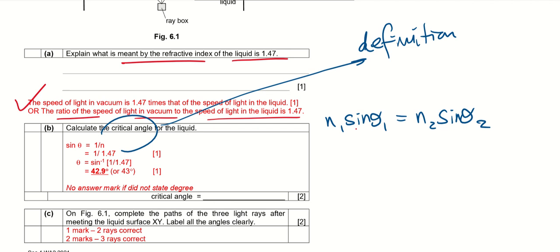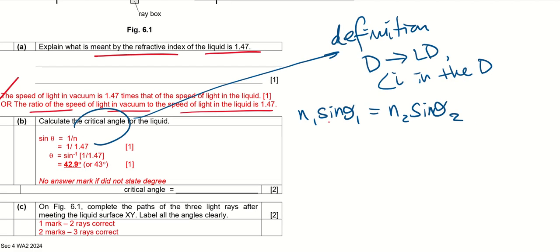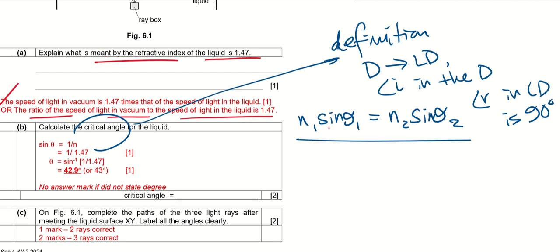It means that when the light ray is traveling from denser to less dense, the critical angle is the angle of incidence in the denser medium for which the angle of refraction in the less dense medium is 90 degrees. So this is the formula that I use.